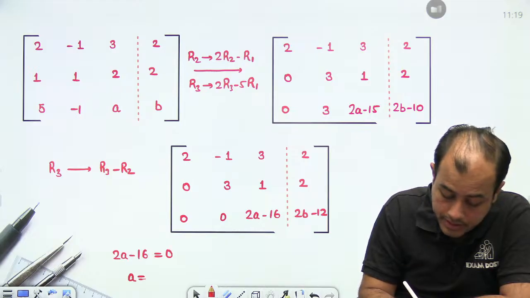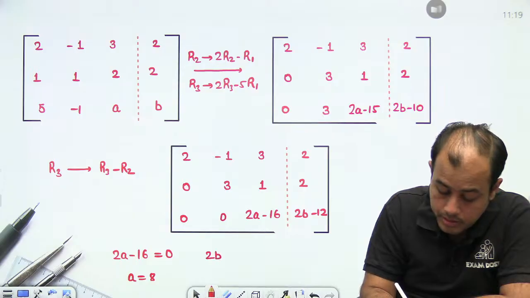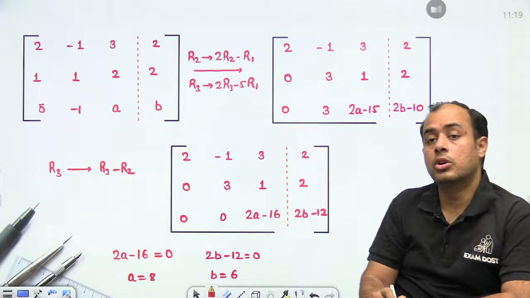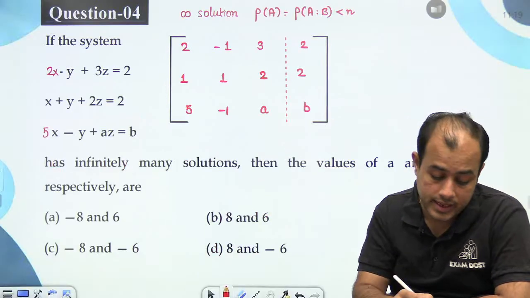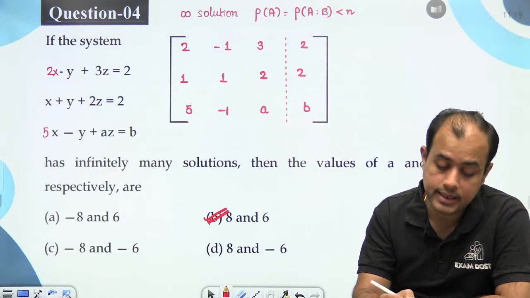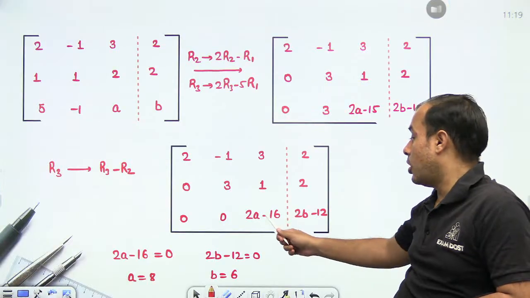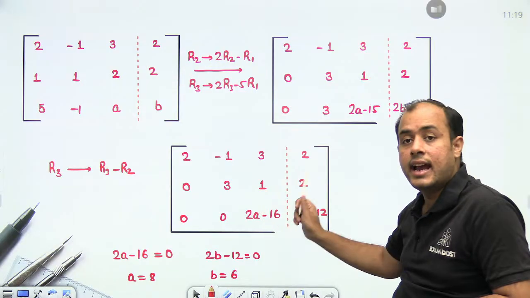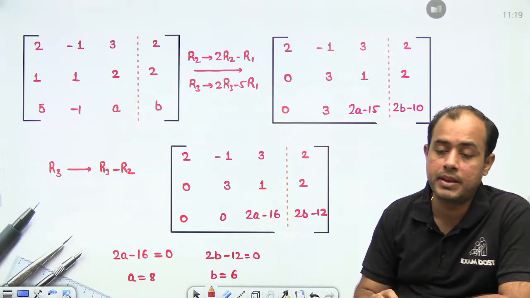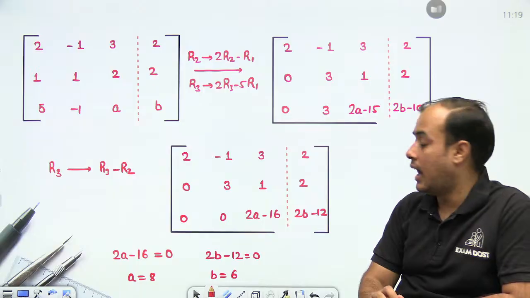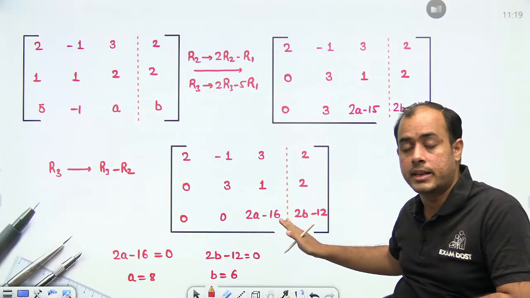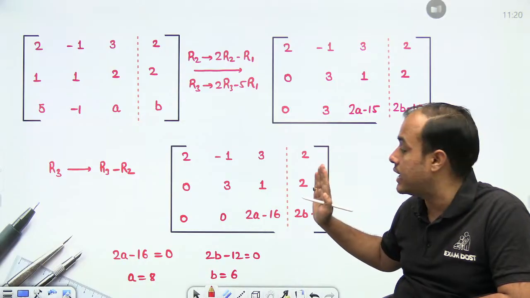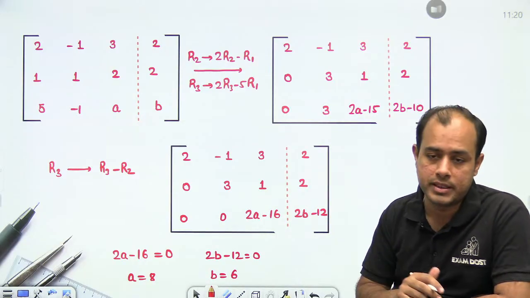So A will be 8. 2B minus 12 will be 0. So B is 6. So both these values will satisfy that the rank is less than n. Because if this entire row becomes 0, rank of A and rank of A augmented B will become 2. अगर ये रो पूरी कंप्लीट 0 हो गई बेटा, तो A और A augmented B का लास्ट रो 0 हो गया, तो दोनों का रैंक ही 2 बन जाएगा.